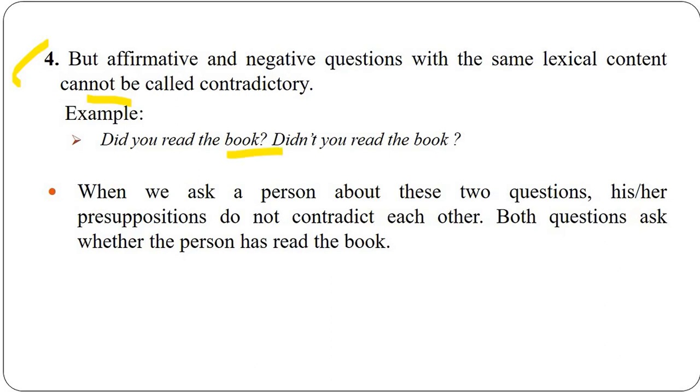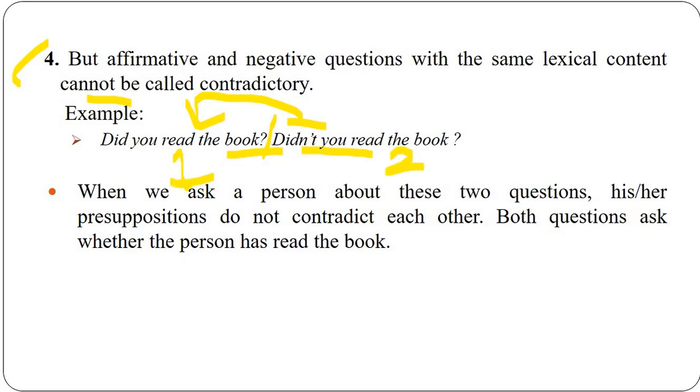Did you read the book? Didn't you read the book? You can see that this question asks the listener if he or she read the book or didn't read the book. So, although the second question is the negative form of the first one, we cannot say that number 1 and number 2 are contradictory questions.